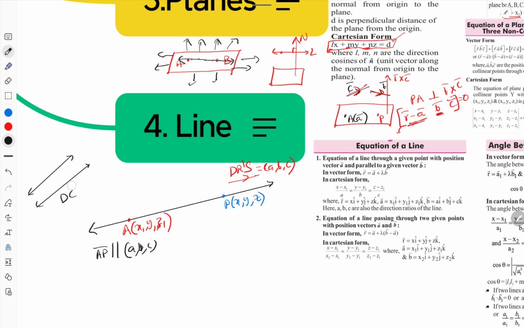Here DCs are equal, but the DRs are proportional. That means if the DRs of the first line L1 are a1, b1, c1, and the DRs of L2 are a2, b2, c2, then if they are parallel, a1 by a2 equal to b1 by b2 equal to c1 by c2 is the condition. If they are perpendicular, the dot product is 0, that is a1 a2 plus b1 b2 plus c1 c2 equal to 0.